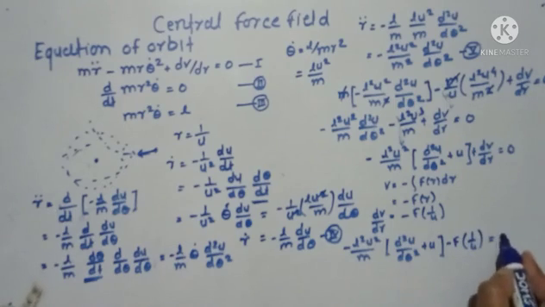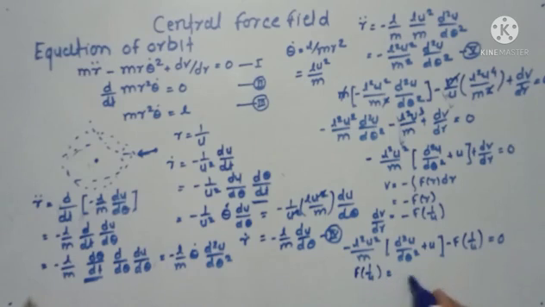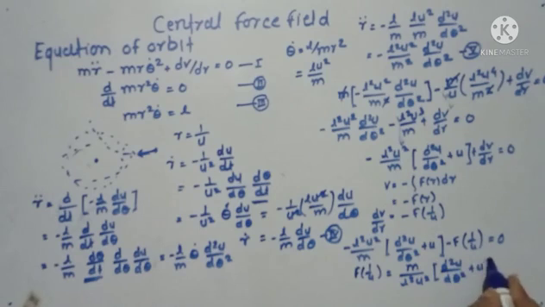1 upon u is equal to 0, or I can write it as f of 1 upon u is equal to, so let me take this term on the right hand side, so it will become m upon L square u square into d square u upon d theta square plus u.